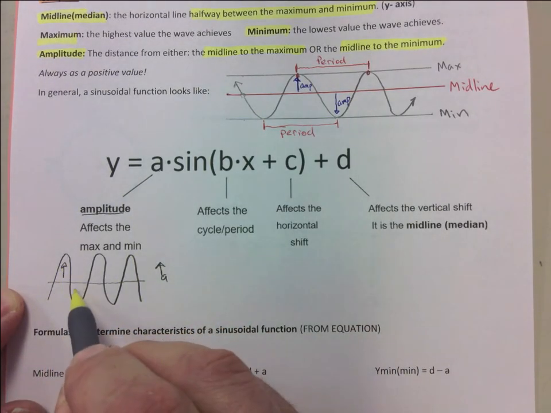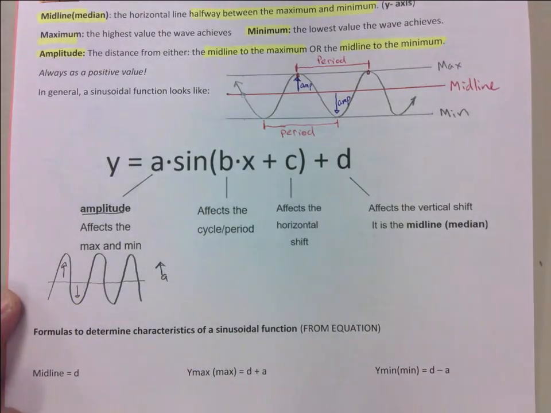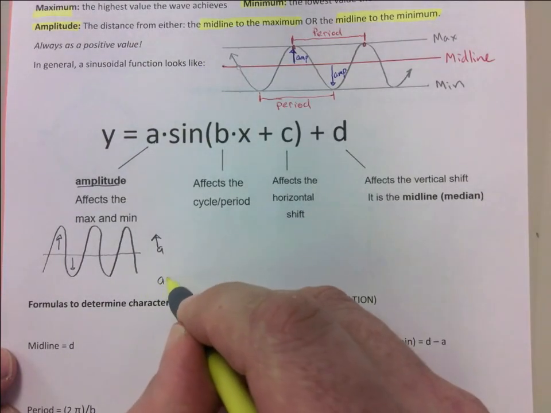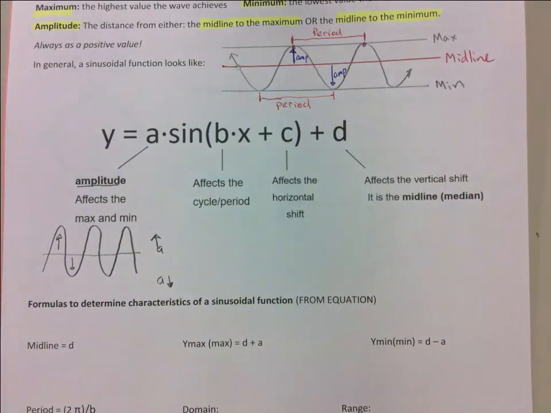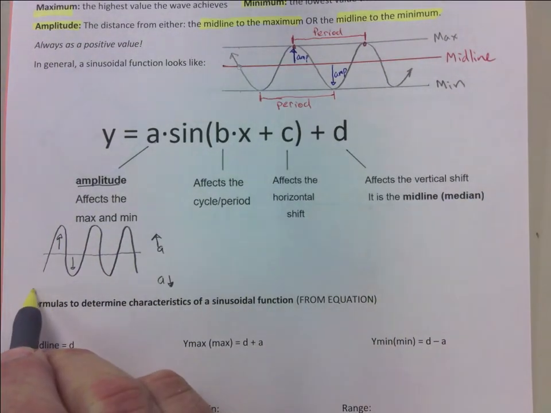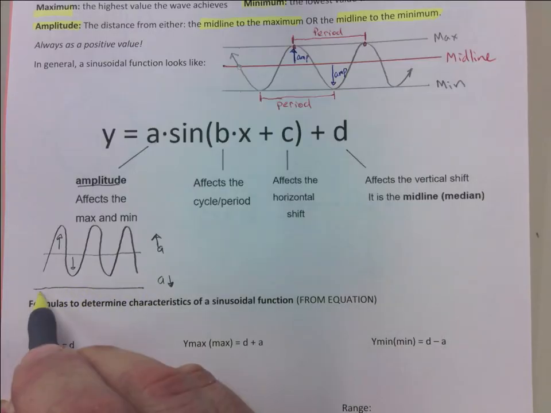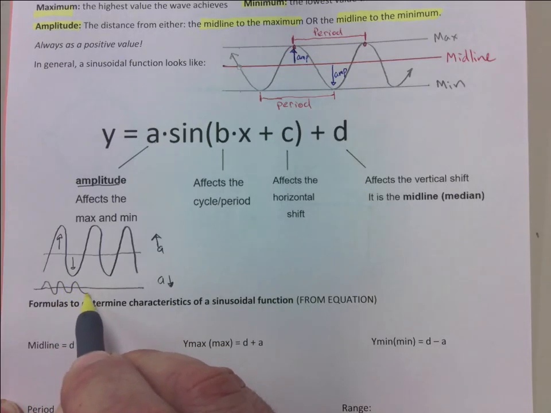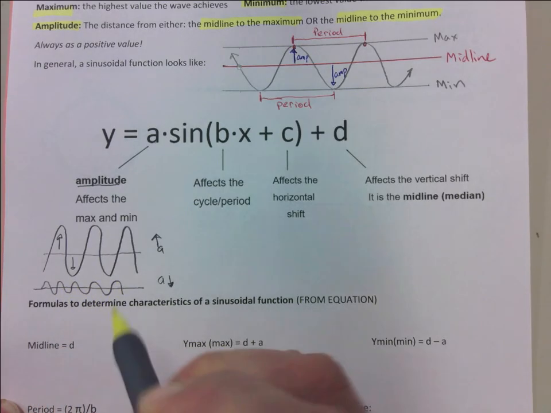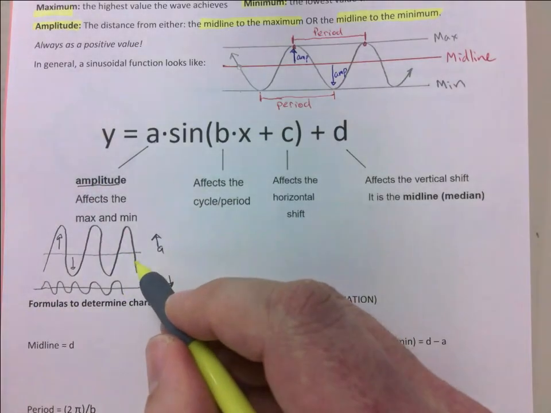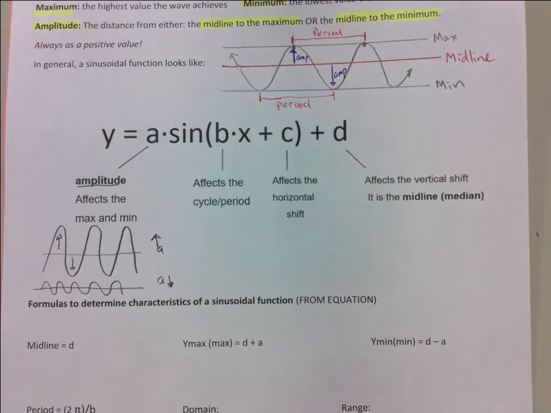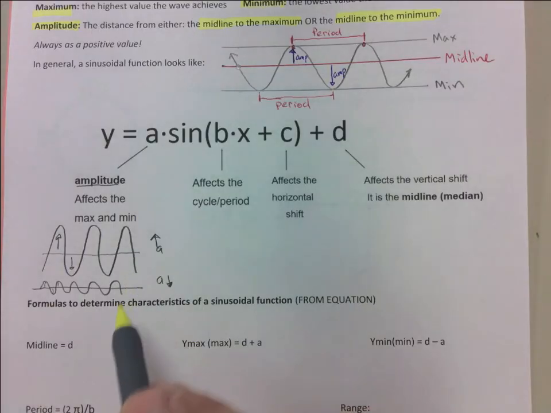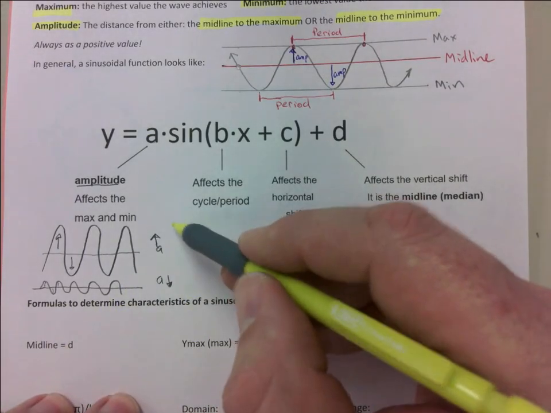This is going to spread out more. If you decrease A, if you make A smaller, if this is your midline, it's going to make it smaller. So it's not going to be as tall, as steep, because your A is now smaller. So the distance here and here is smaller. That's what you would observe on your graph.